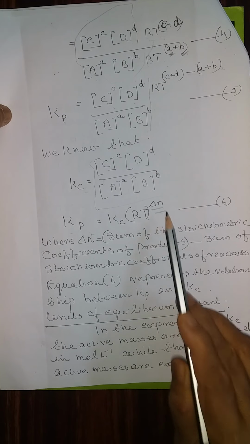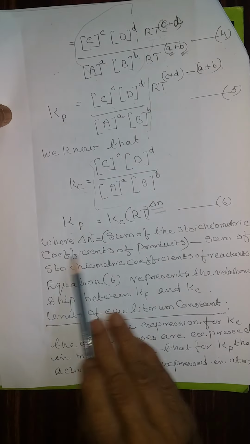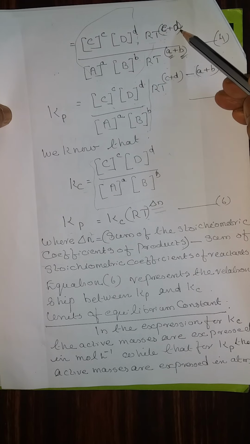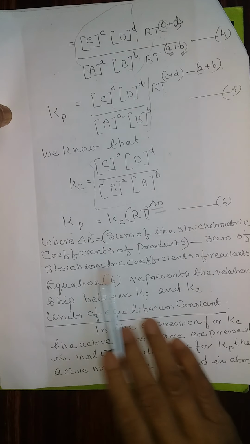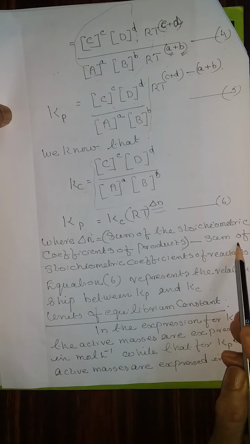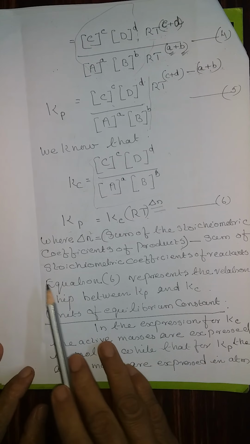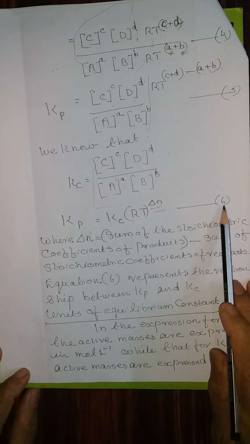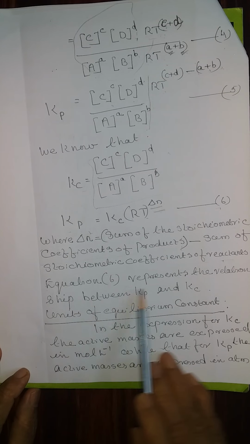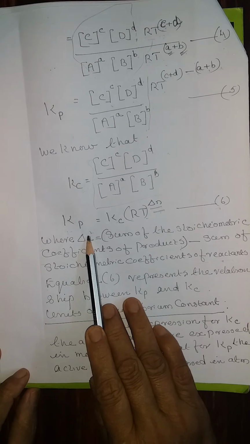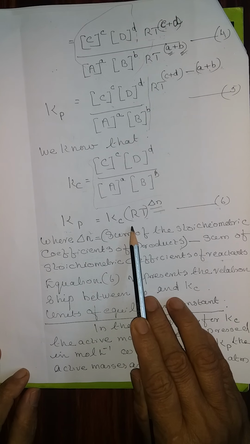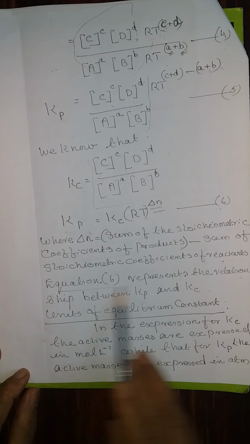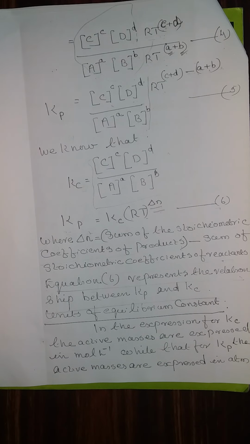Here, delta n represents the sum of the stoichiometric coefficients of the products, c plus d, minus the sum of the stoichiometric coefficients of the reactants, a plus b. Therefore, equation 6, that is Kp is equal to Kc into RT raised to the power delta n, represents the relationship between Kp and Kc.